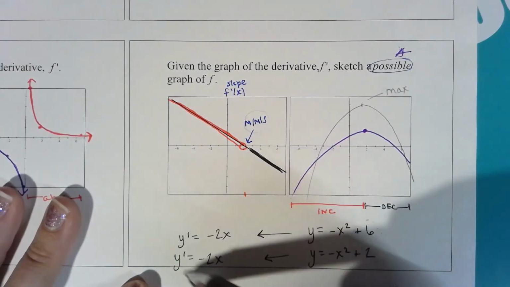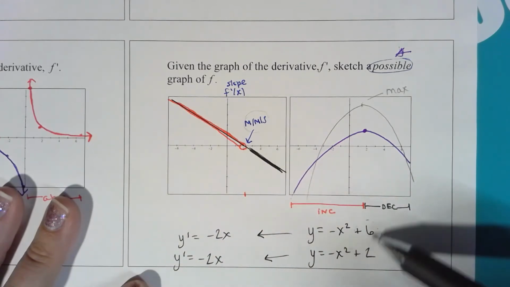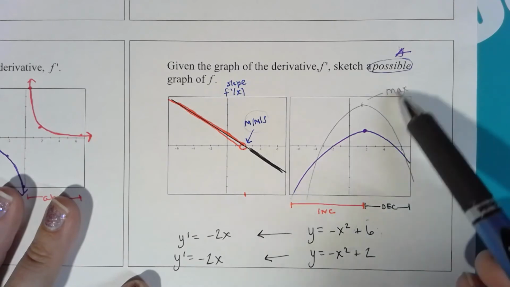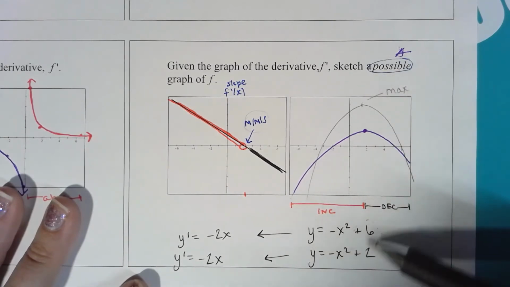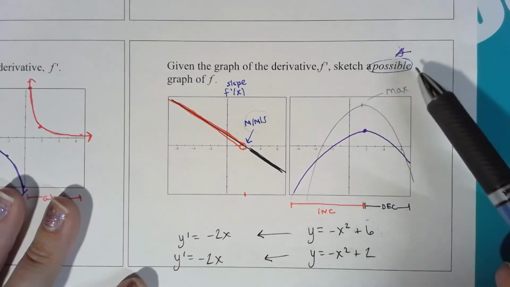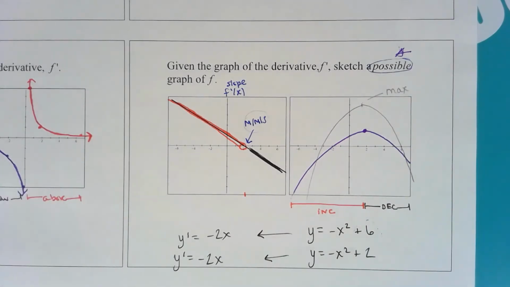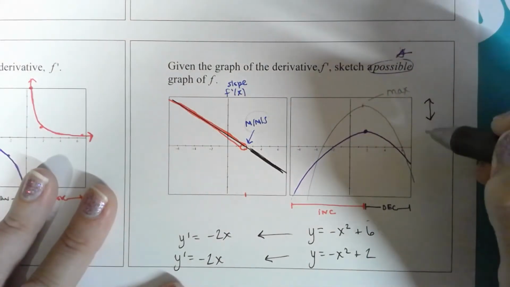So if we have the derivative and we're trying to find the original, we may never know what that constant should be. Right? So when we talk about a possible sketch of f, we're going to be missing this vertical movement, this vertical shift. That's okay. That's why they're going to tell us a possible graph. So that means our graph could be moved vertically.